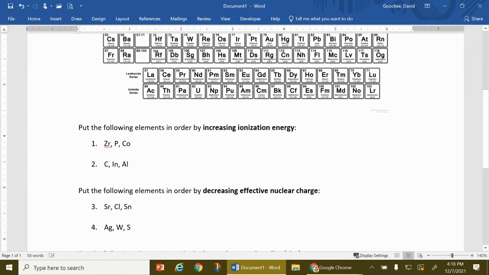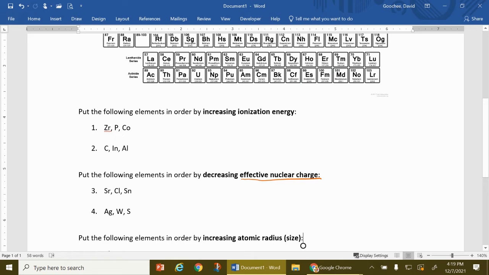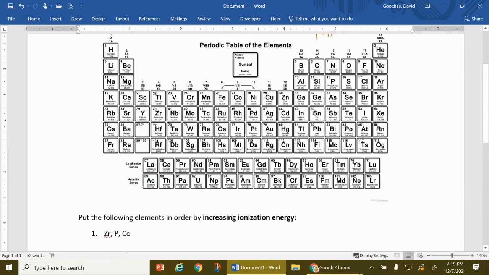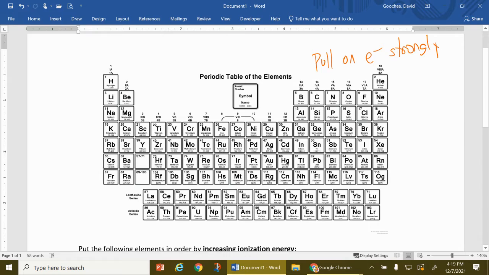That concept we call effective nuclear charge. Effective nuclear charge is how hard the nucleus is pulling on its electrons, specifically the outermost electrons. And then down here on the bottom left, these elements have a weaker pull on their electrons.